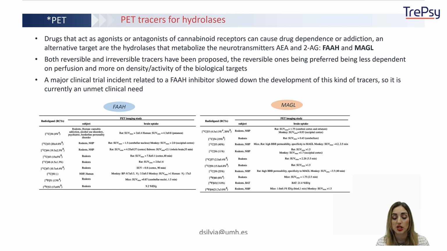As you can see, for both of them, the subjects under study are mostly rodents or non-human primates. There are really few experiments or proofs of concept targeting humans. So the field is still pretty much under development.